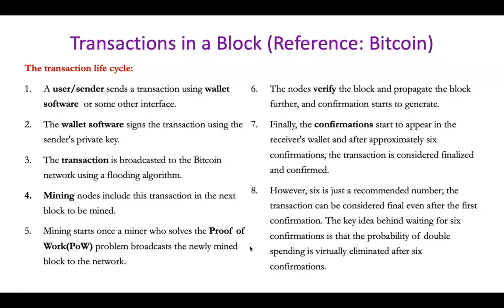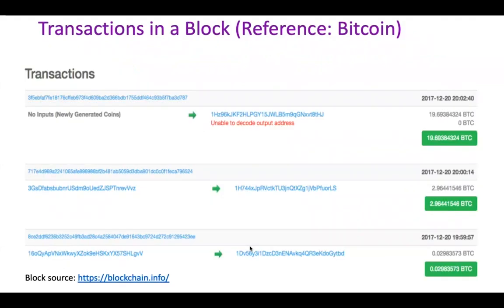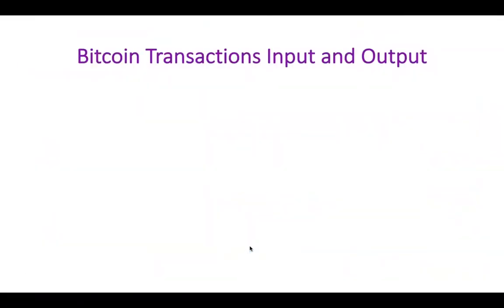That is the spending type. So in this transaction also you will have those kinds of activities. Any transaction in the Bitcoin is defined as an input and an output.